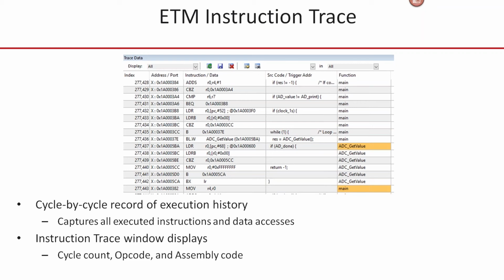However, if you're trying to debug a specific problem, there are trace watch points that allow you to start and stop the trace at various points in the code. So it means that you can reduce the amount of information that's been recorded, so you can just look at a particular function or a particular interrupt over time.